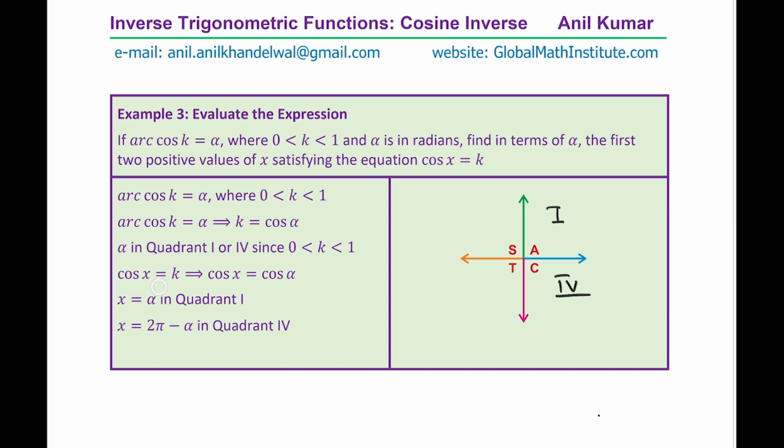Cos x equals k. That means we are now comparing cos x equals k with cos x equals cos alpha. And that is true only if x is equal to alpha, right? So we get one solution. This is in quadrant 1. The other one will be 2 pi minus alpha, which will be in quadrant 4. So these are the two solutions for the given condition. Perfect?